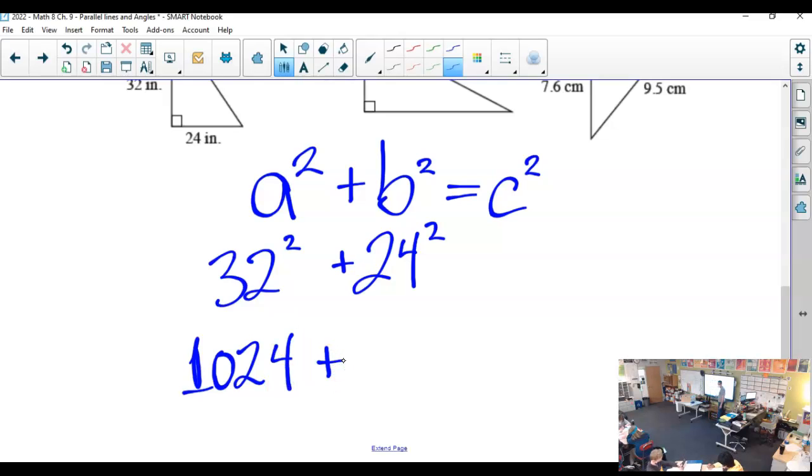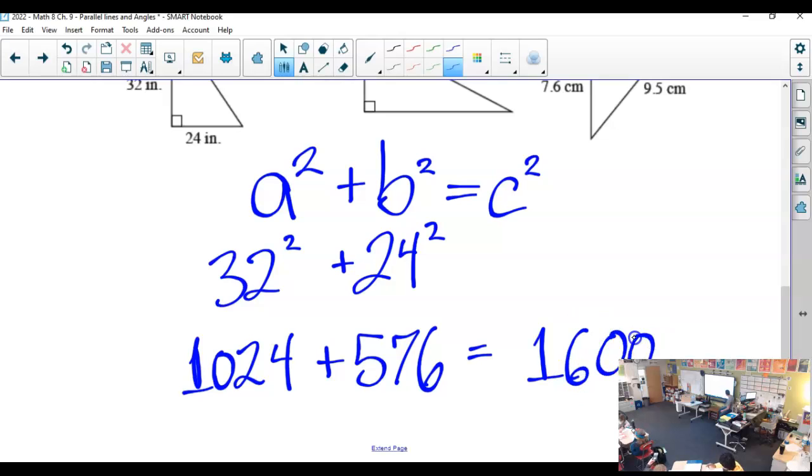What is 24 squared? 576. So when I add those together, what did we get? 1600. Just 1600 straight up? Yeah. But this is C squared.